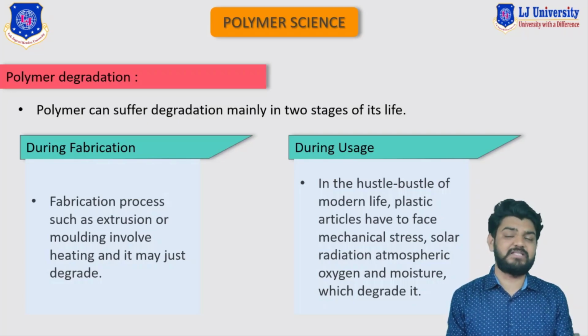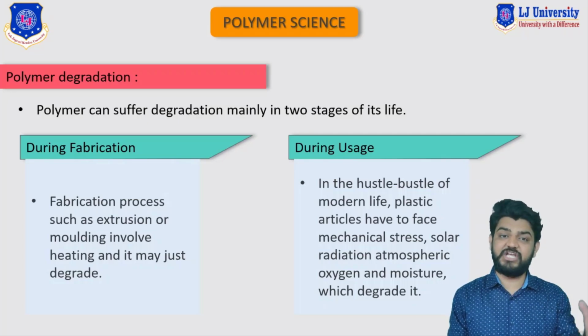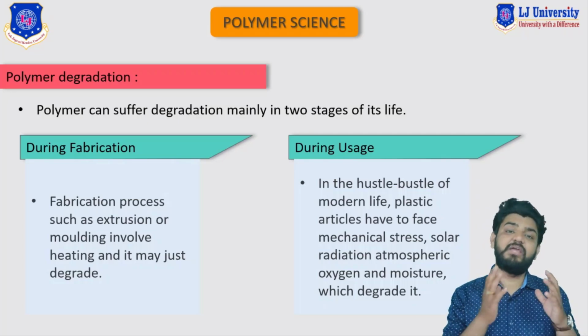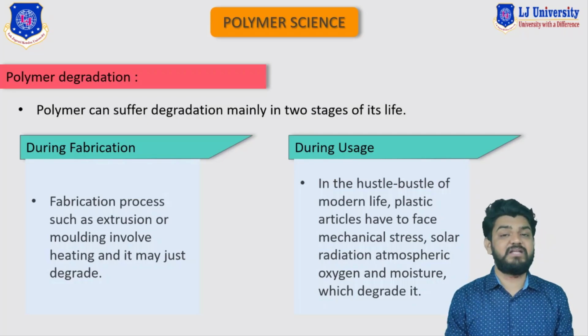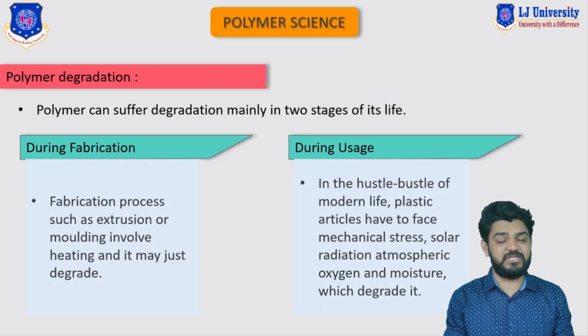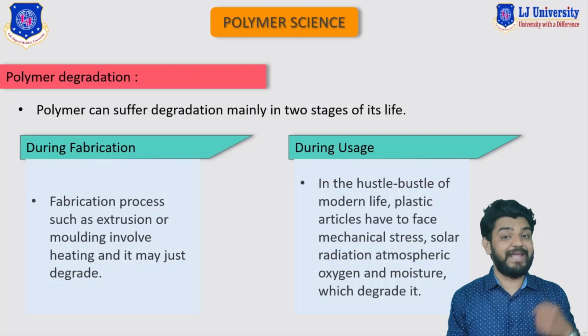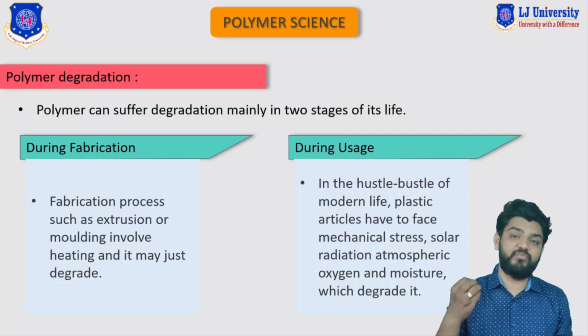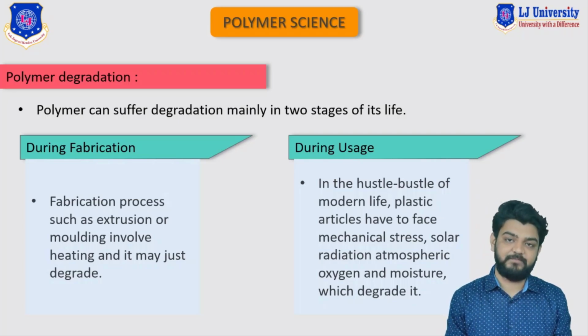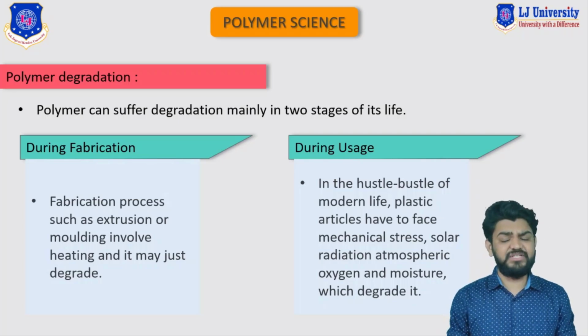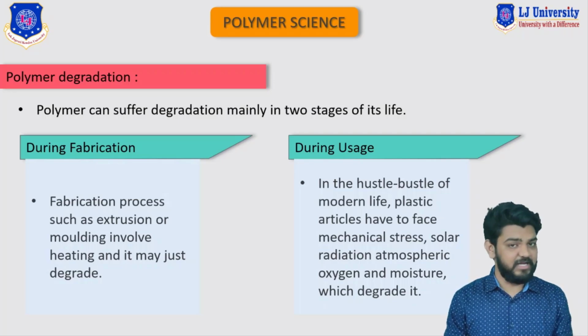So these are the two stages where a polymer can easily degrade. At the first stage, it can degrade in the initiation step, or the fabrication stage. And in the second part, during day-to-day use, it has to face mechanical stress, oxygen from the atmosphere or solar radiation. During this time, the polymer can easily be degraded.